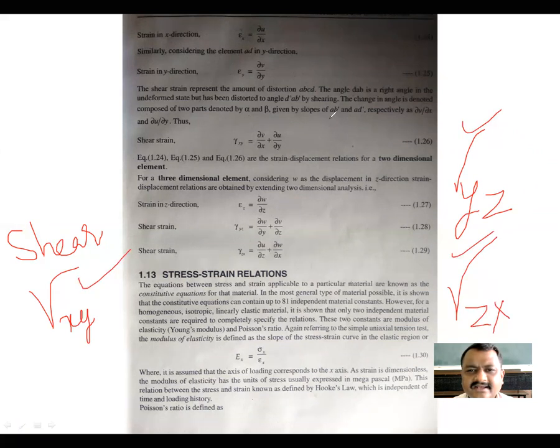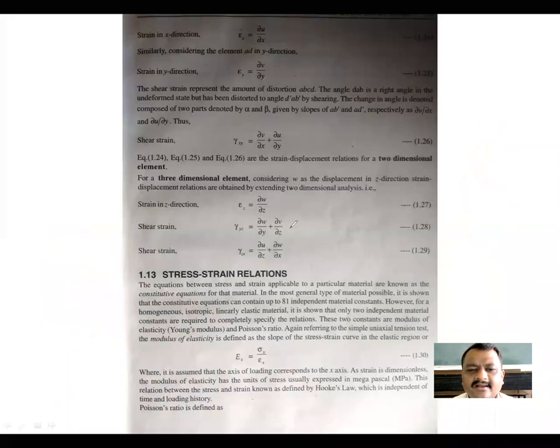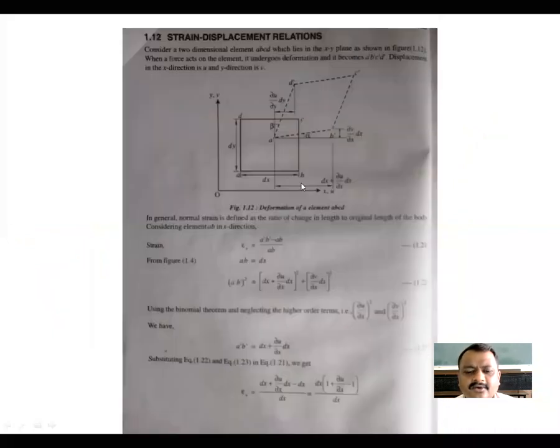So shear strains I can calculate, and if I multiply with the modulus, I can obtain the stresses in other directions also. So these things can be obtained using our strain displacement relation or constitutive equations. So this derivation will give us how to find out the value of strains in the equation, right?